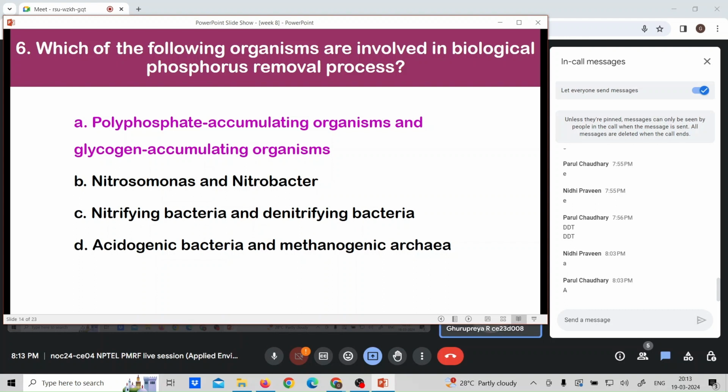The product of one organism is the substrate for the next set of organisms, so this sequential relationship is known as syntrophism. In symbiosis you just have a mutual relationship, but here you have a sequential relationship. One happens only if the previous one happens perfectly, without any unwanted changes or errors.